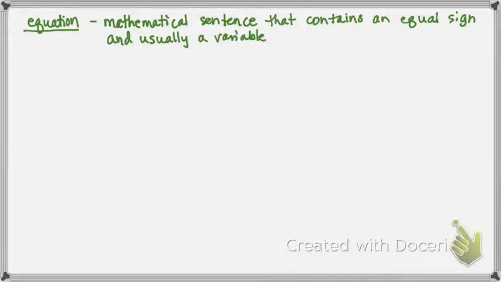We can have numerical equations. That would be boring, though. Like 3 plus 2 equals 4 plus 1. 5 equals 5. That's going to be true, okay?